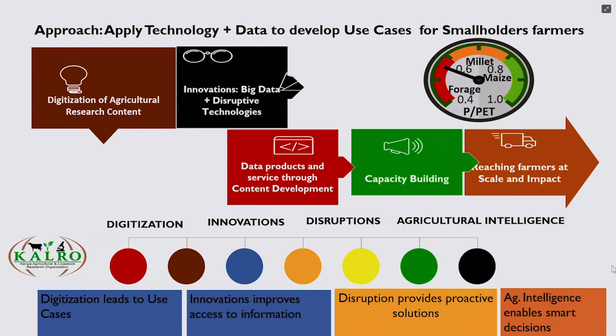So in our approach to this, we ensure that we digitize all the research content. The second thing is to look at innovations. And in the space of innovation, we identified big data and disruptive technologies as suitable innovations, which lead to provision of information and what we call data products and data services.